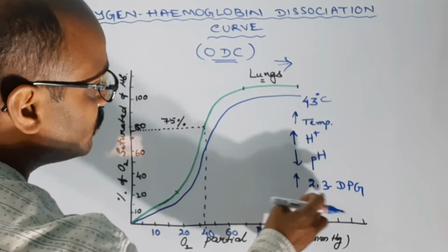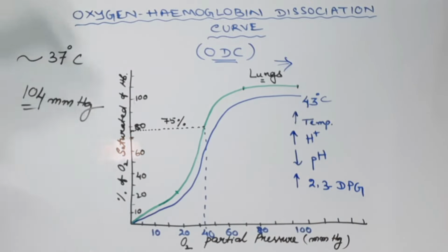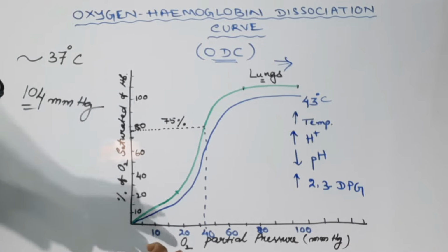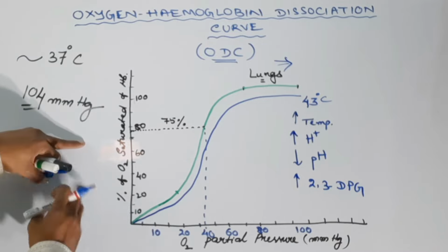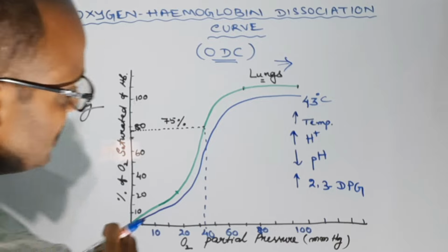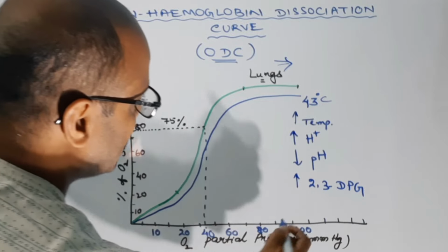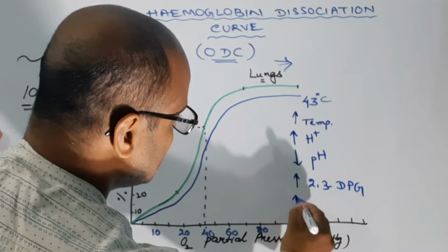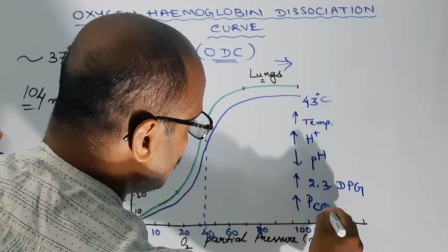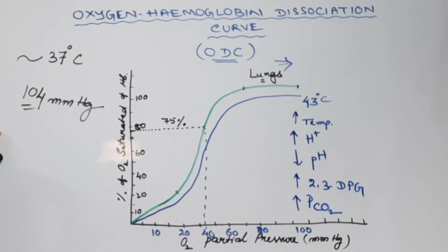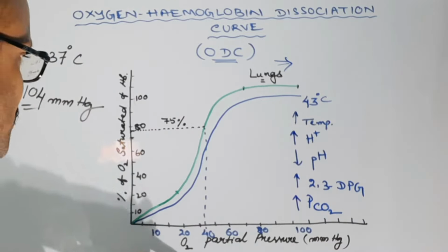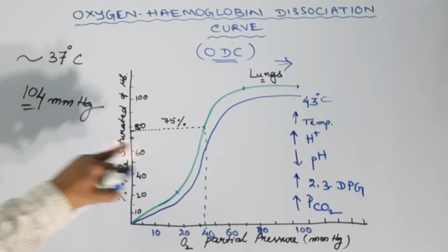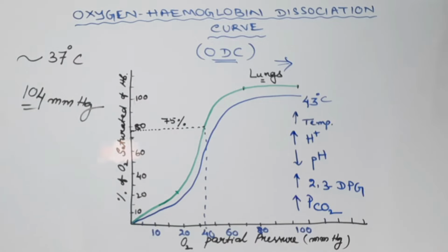With the increase of 2,3-diphosphoglycerate, the affinity of oxygen with hemoglobin is reduced. Also, an increase in the partial pressure of carbon dioxide decreases the affinity of oxygen with hemoglobin. These are the different conditions you have to remember.